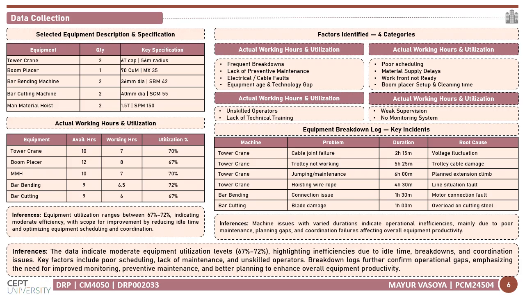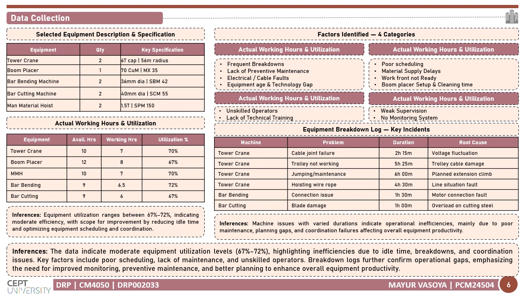The slide presents the actual working hours and utilization of this equipment. The tower crane was available for 10 hours and worked for 7 hours, giving 70% utilization. Similarly, the boom placer was available for 12 hours on casting days and worked for 8 hours, giving 67% utilization.